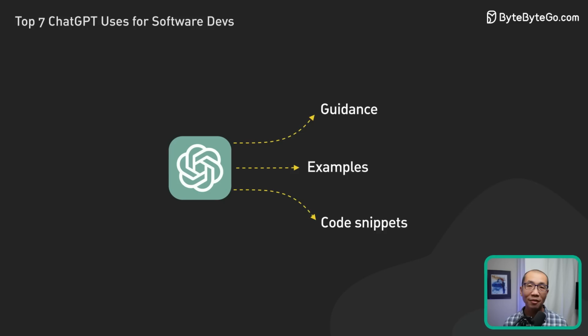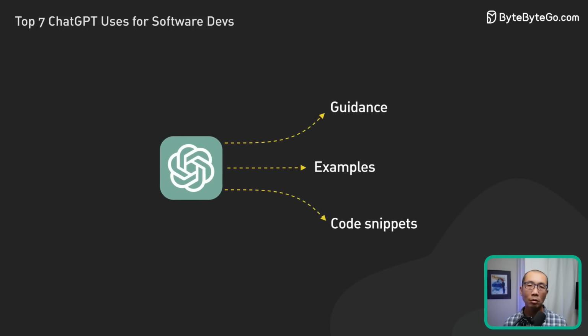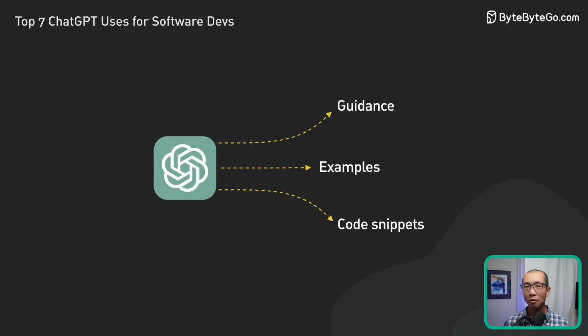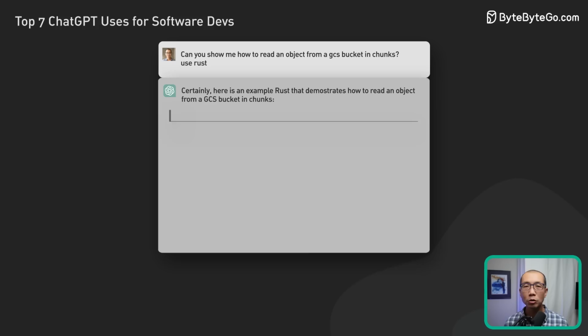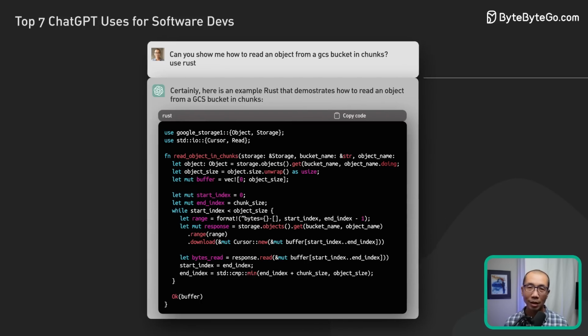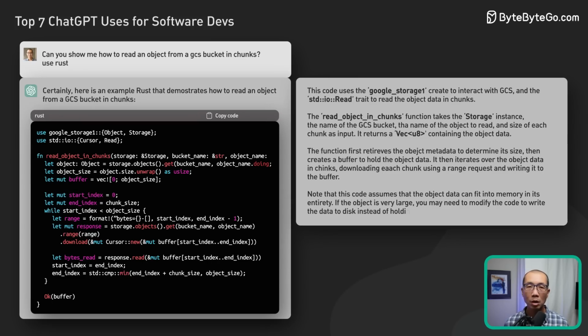By asking specific questions or examples, we can learn how to use new libraries, functions, or language features that we are unfamiliar with. For instance, in this case, ChatGPT might give us an example of how to read an object from a bucket in chunks using Rust. This would include recommendations for libraries and example code that demonstrate how to achieve our goal.